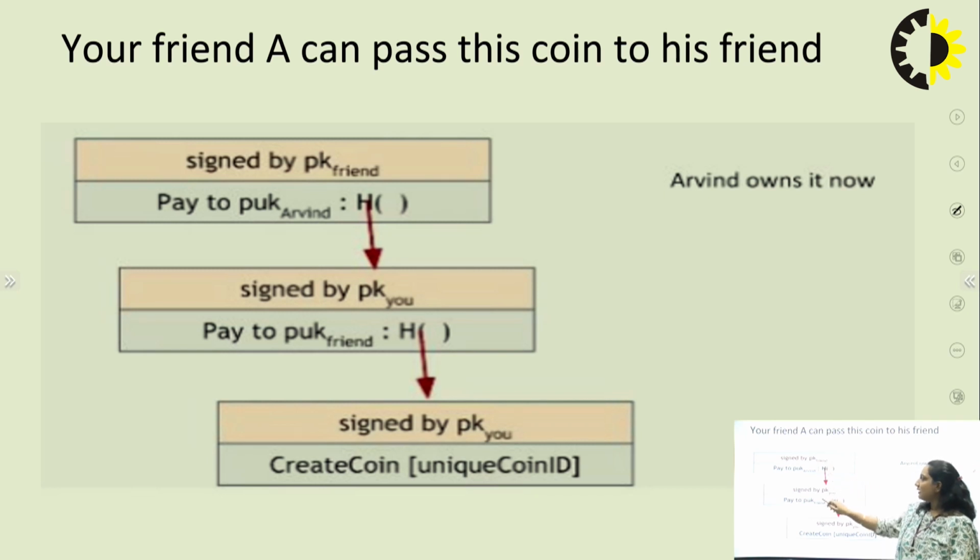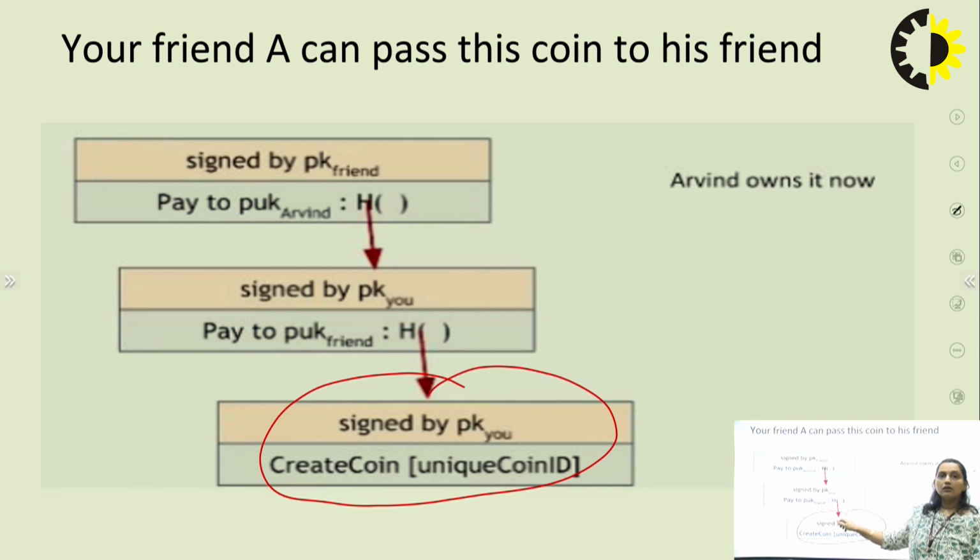So this is the creation of a digital coin with a unique ID by me. Then my friend Shikha takes it, and then my friend Arvind also takes this money from her. So there is a linking of it. This is called blocks.